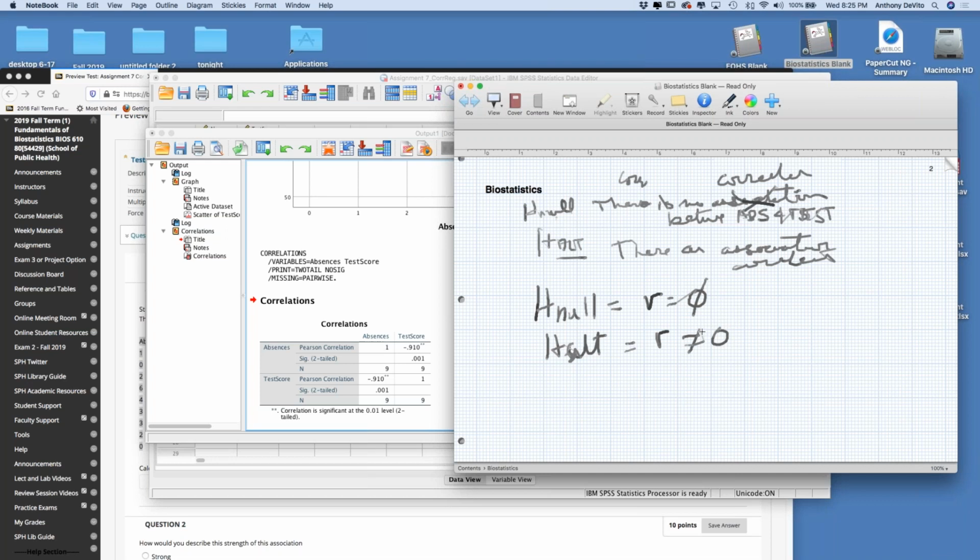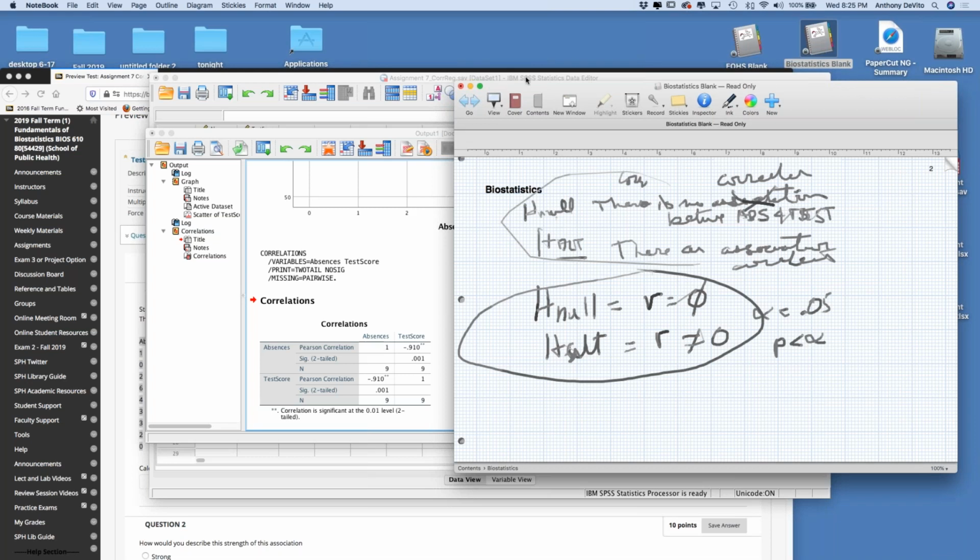And what do we have to accomplish to be able to reject the null hypothesis and say that there is an association? In other words, R is not equal to 0. We have to make sure that our significance is less than 0.05. We want to make sure that our p-value is less than alpha, less than 0.05. So you could phrase these either way.